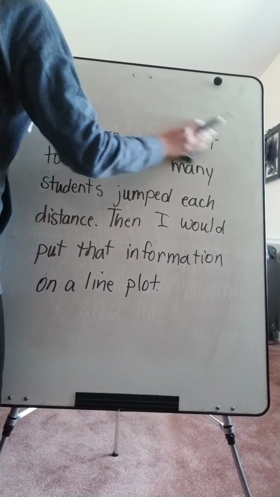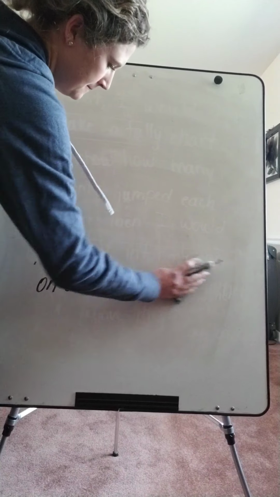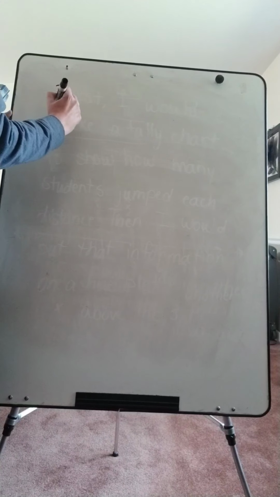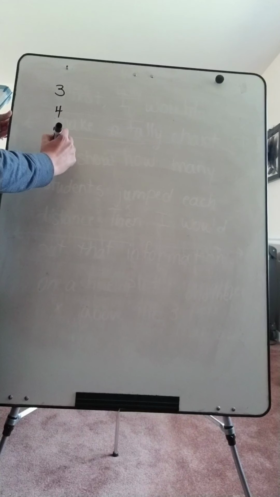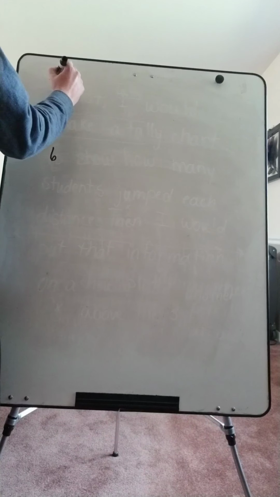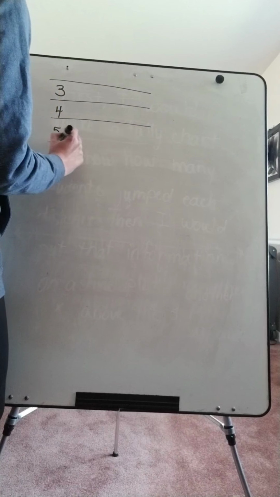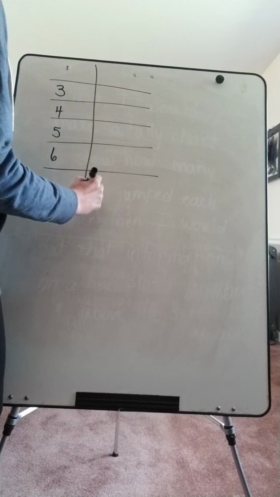So we have 3s, 4s, 5s, and 6s for the height. So we're going to add the tallies. Okay?